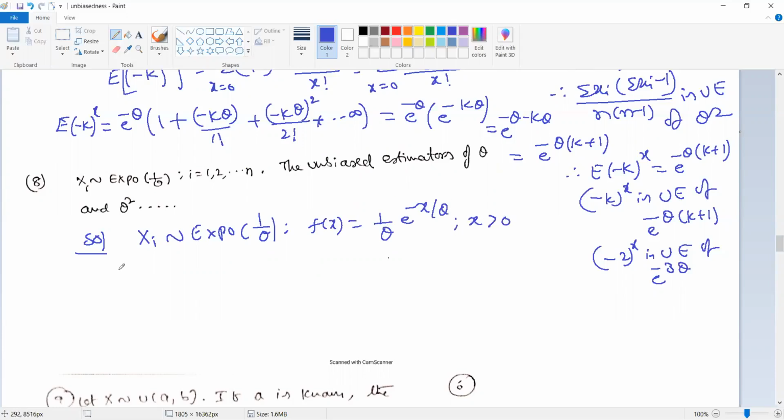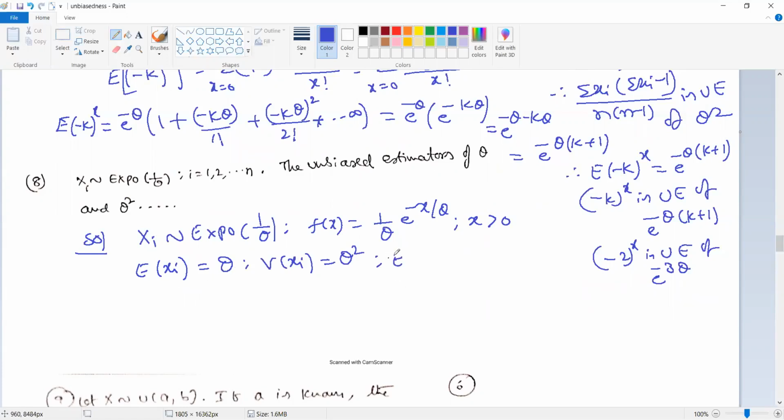Find an unbiased estimate of θ square. So here the mean of the exponential is 1 by the parameter, and the parameter is 1 by θ, so the mean is equal to θ. The variance of x is equal to θ square.